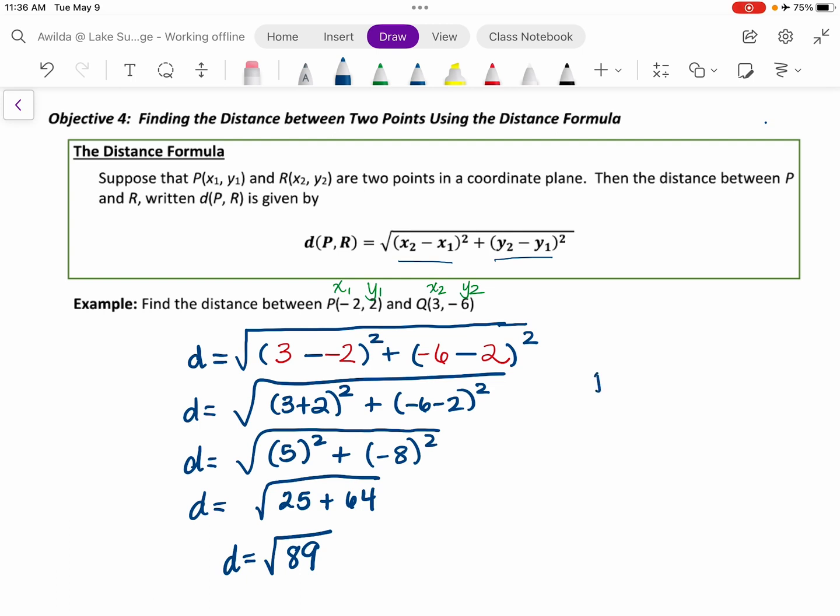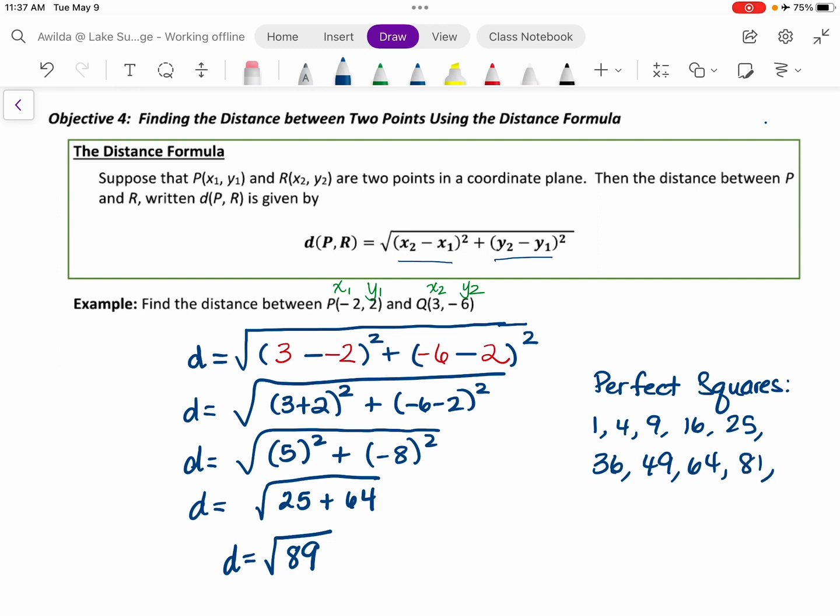Perfect squares are, of course, 1 squared, 2 squared, 3 squared, etc. So let's write the first few perfect squares here. 1 squared, 2 squared, 3 squared, 4 squared, 5 squared, 6 squared, 7 squared, etc. We see that 89 does not include any perfect square factors, so this will be our final answer.